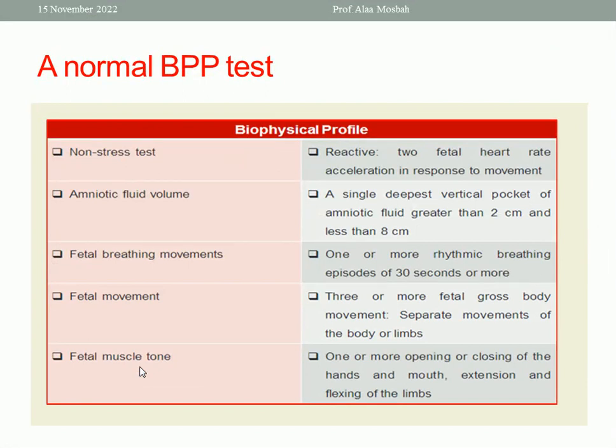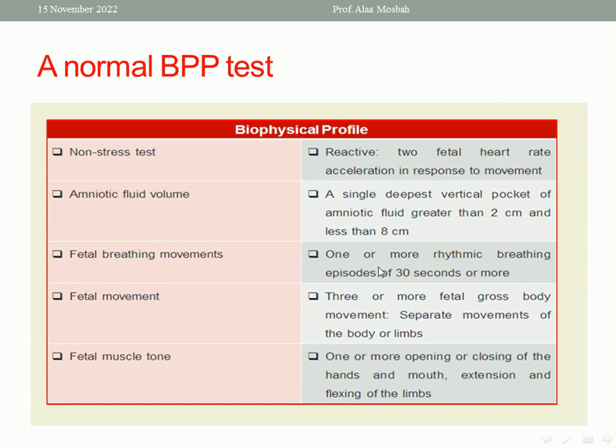So please look at this table to know what is a normal biophysical profile test. Okay, these are the 5 items. Non-stress test should be reactive if 2 fetal heart rate accelerations in response to movement within 20 minutes.